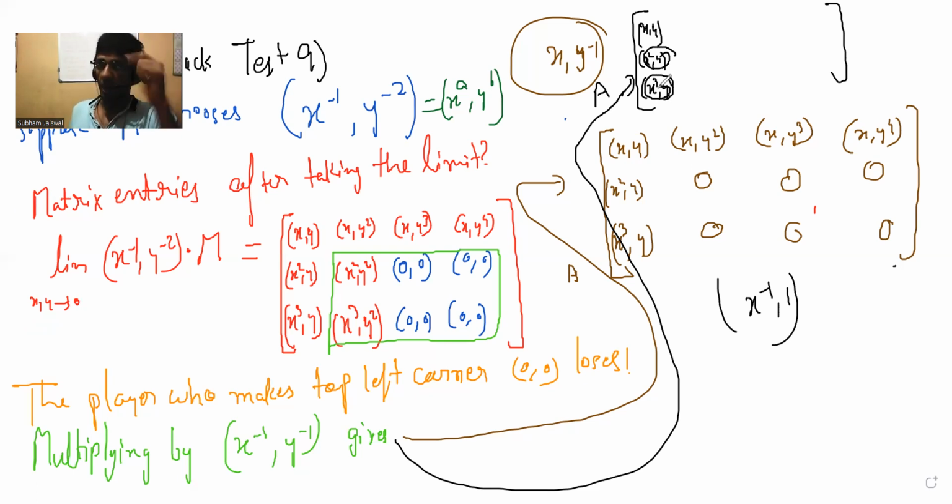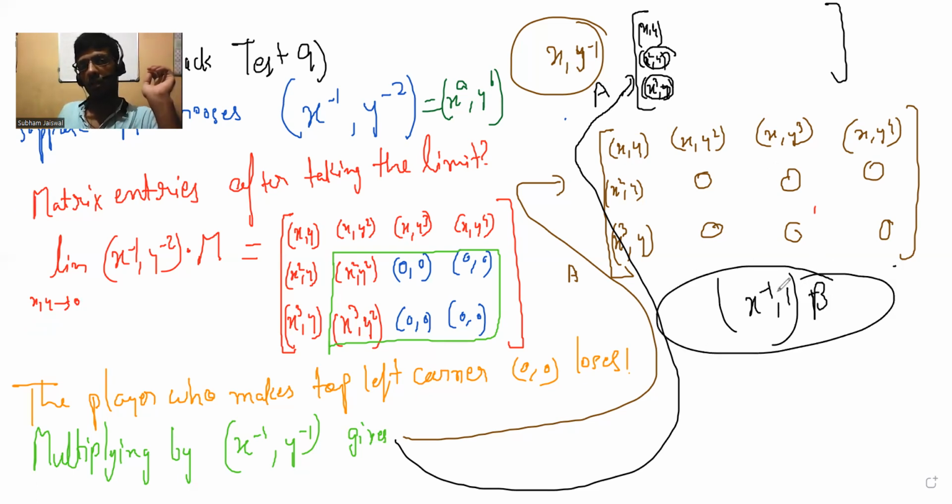No, but x comma y will not become 0. Right, exactly, that's right. So if B makes this move, then A will lose. Chandan, do you see that?